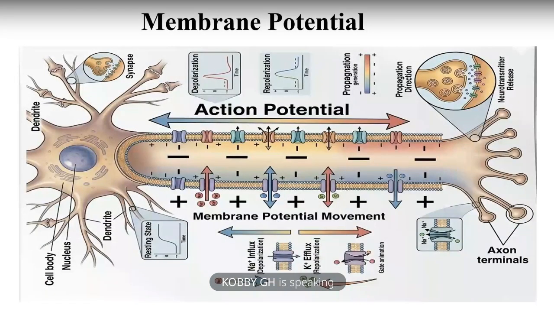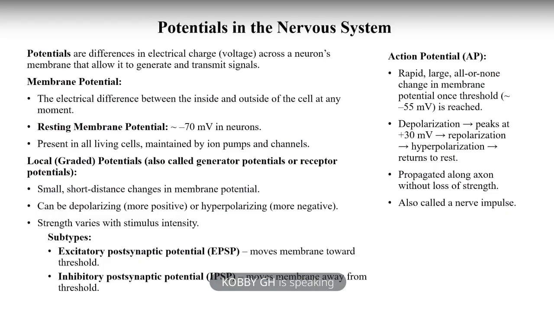When a neuron is at rest, the resting membrane potential is negative 70 millivolts.